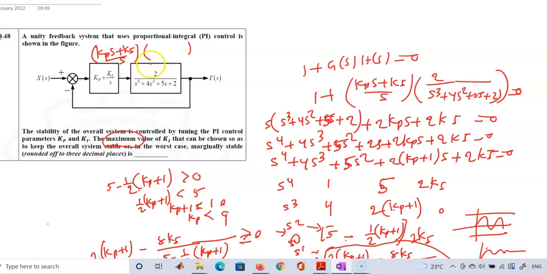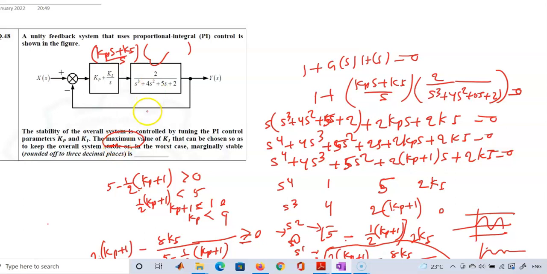Here, at first glance you can see that it is an application of the Routh-Hurwitz criterion, but here two variables are involved, and you find that one variable, kp, is already less than 9, but the question is not related to kp, it is about ki. They have a beautiful design to give the answer.